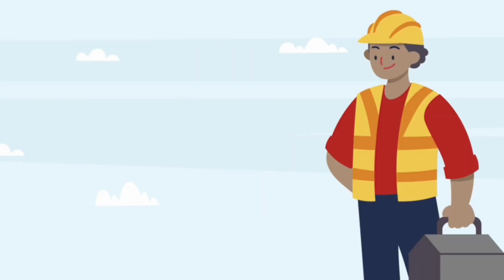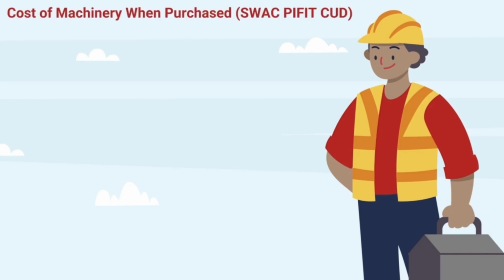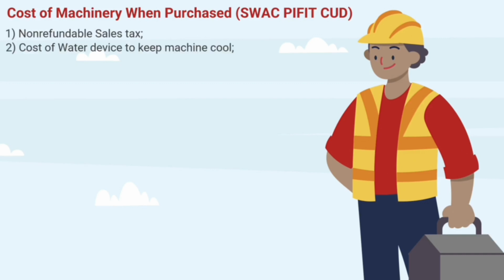So we will now discuss Chapter 19. I was tasked to discuss the cost of machinery when purchased, SWAP BEFIT COD. First we have S, non-refundable sales tax. This refers to the tax paid on the purchase of machinery or equipment that cannot be refunded. Then for W, cost of water device to keep machine cool.